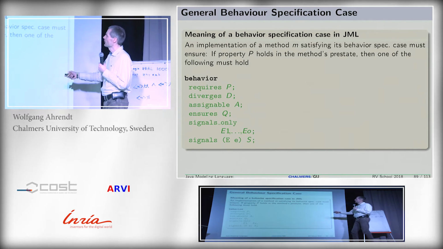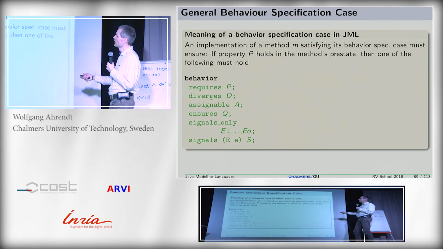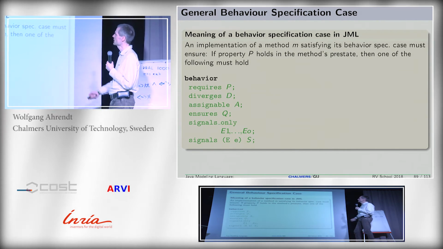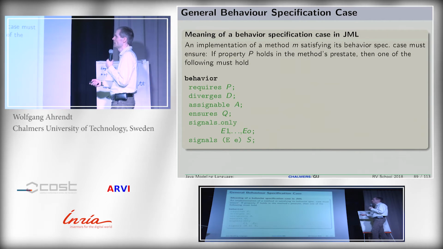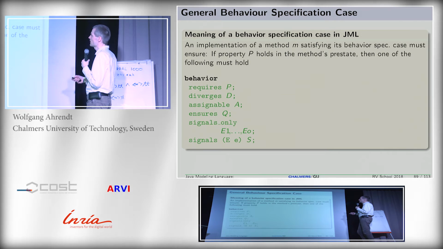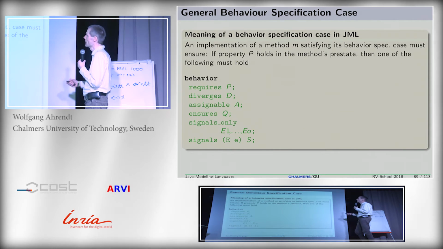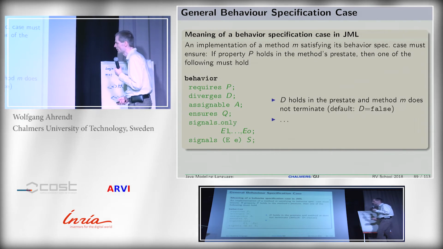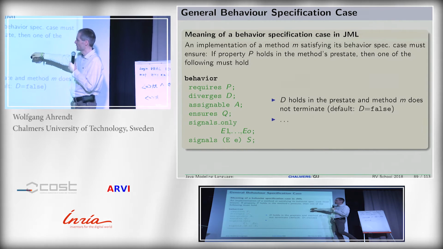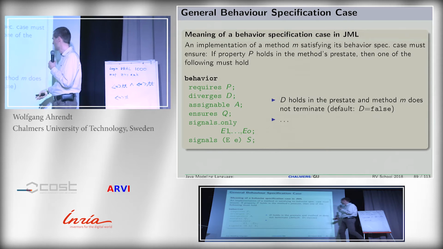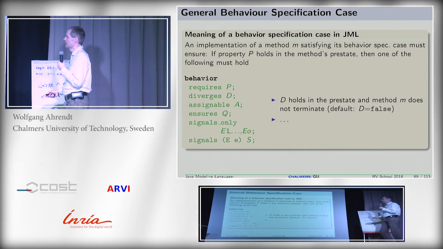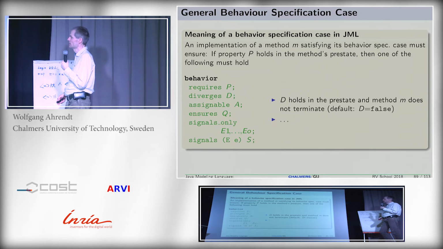An implementation of a method M satisfying this behavior specification case has to ensure the following. If property P, the precondition, holds in the method's pre-state, then one of the following must hold. Either D holds, in which case we are allowed to not terminate. So D holds and the method does not terminate.